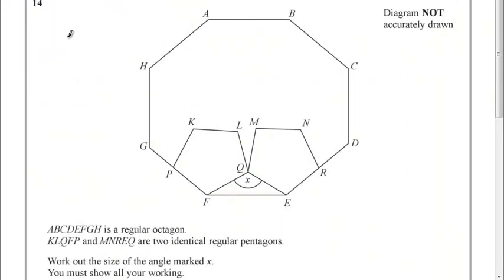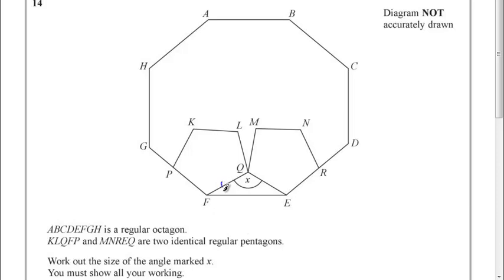Okay, we've got this question 14 now. We have a regular octagon, and inside it are two regular pentagons. What we've got to find out is this value x in this triangle here. Now, it may not be immediately obvious, but what we are told is that these are identical regular pentagons.